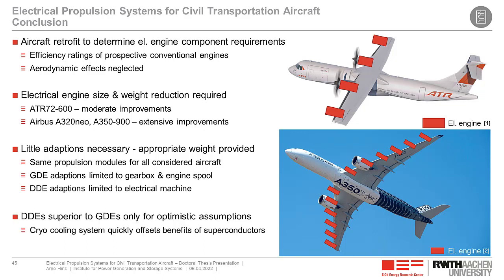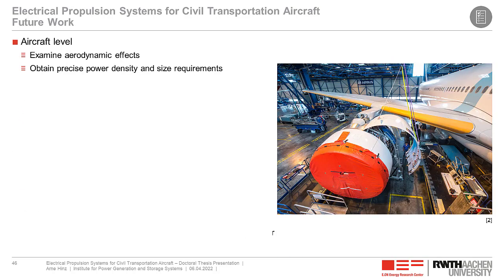We also saw that direct drive engines are only superior to gear drive engines for optimistic assumptions regarding the fully superconductive electrical machine, since cryocooling system components quickly offset any benefits of superconductors. Regarding future work, we should definitely examine the aerodynamic effects to get some more precise power density and size requirements for the electrical engines.